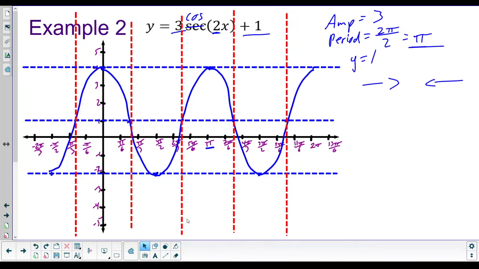Okay. Now, just like we did for our cosecant, for secant, you just want to make sure that you are hitting the mins and maxes of your cosine or sine function. And then you get these nice looking u's in there.